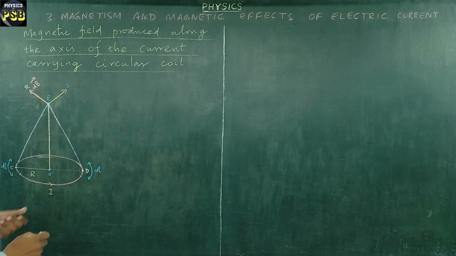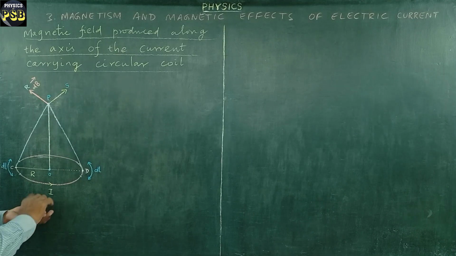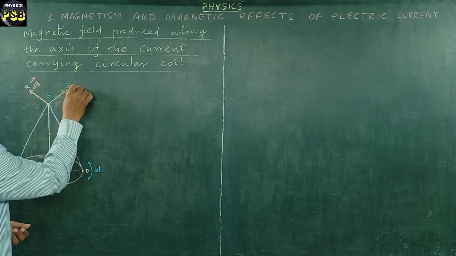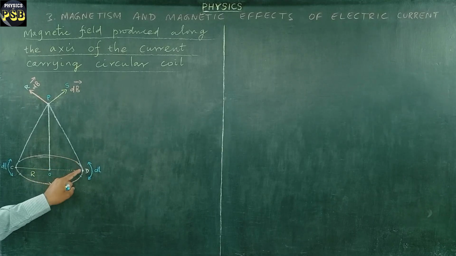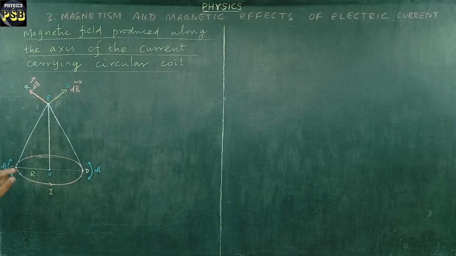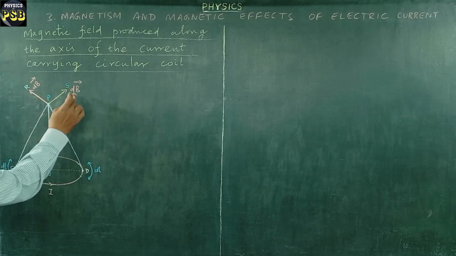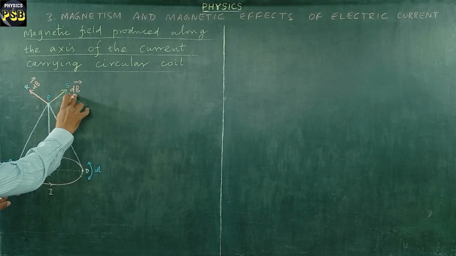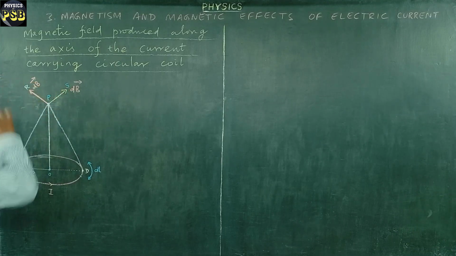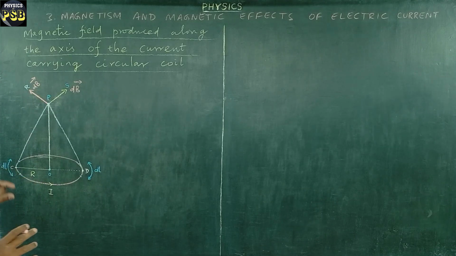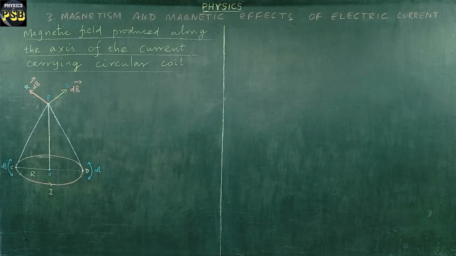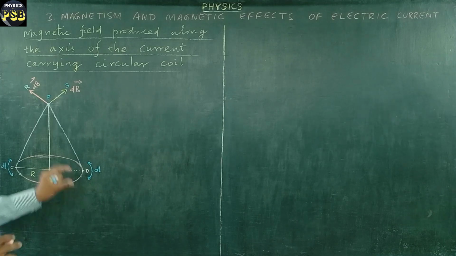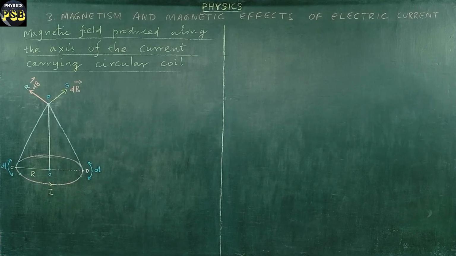A line PS is perpendicular to PD, which represents the magnetic field produced due to the flow of current through this line element present at point D. Clear? And here, the magnitude of this magnetic field and that of this one is the same, because these two current elements are of the same length. I have shown this to you here.